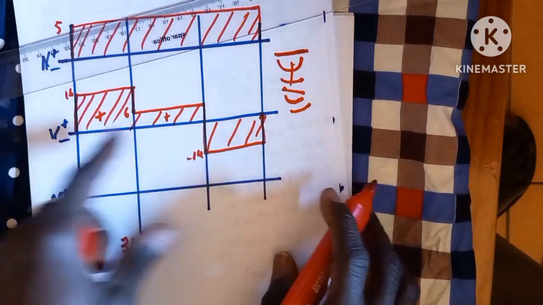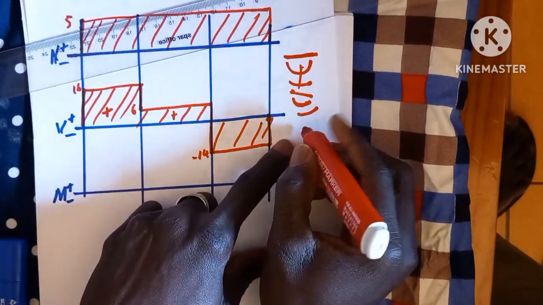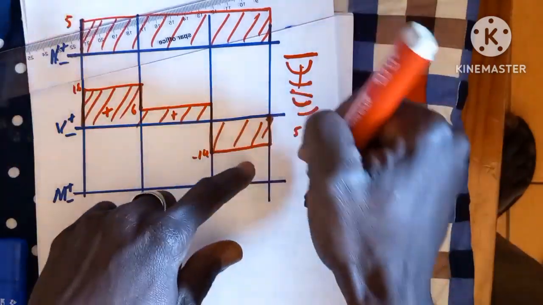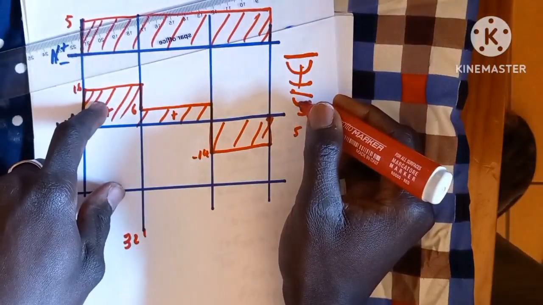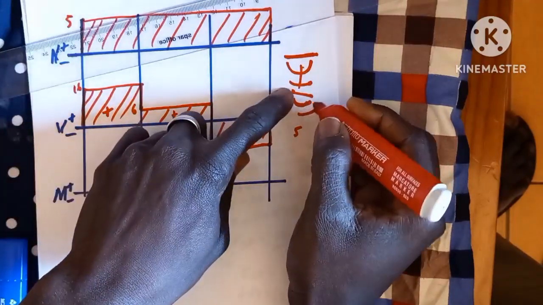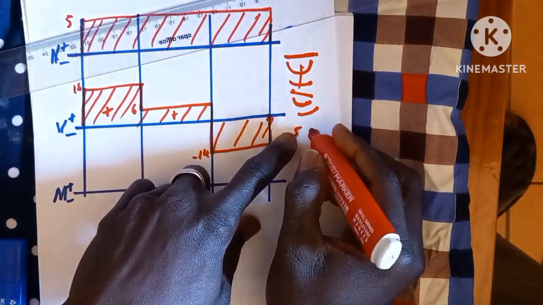Just consider in this case, let's say for instance, you have 5 here, right? The integral of the shear force graph is going to be our bending moment. For instance, if you have a straight line, 5 in this case is going to be a straight line, right?